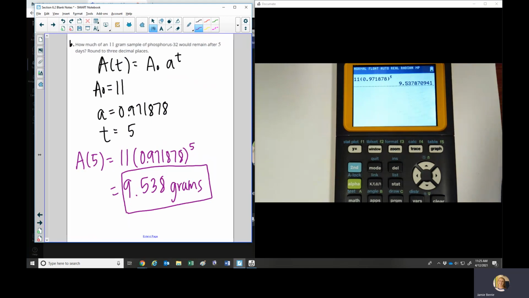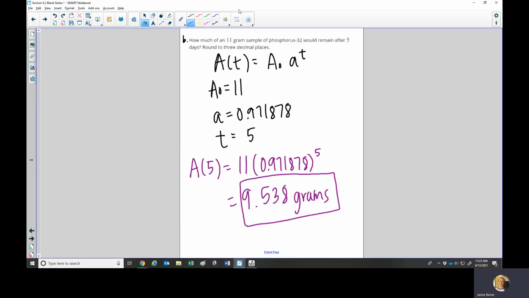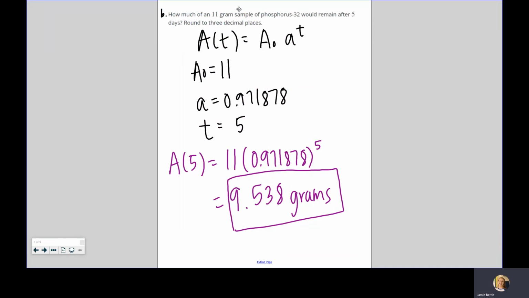So that's an example of an application of exponential functions with radioactive decay.